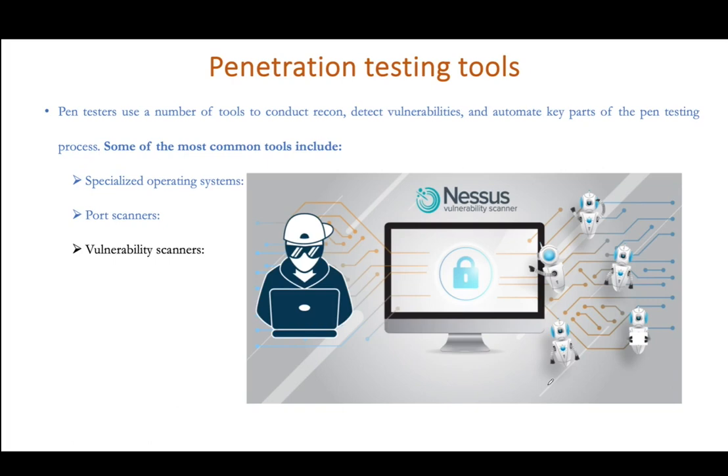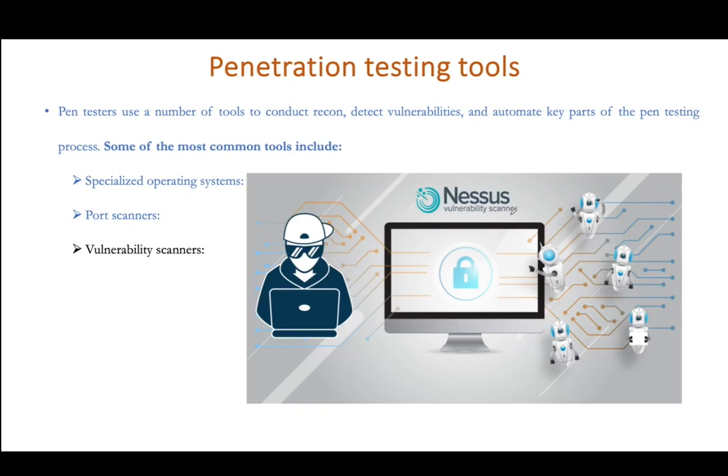In a vulnerability scanner, the scanning tools search systems for known vulnerabilities, allowing pen testers to quickly find potential entryways into a target. Examples include the Nessus vulnerability scanner, Core Impact, and NetSparker.